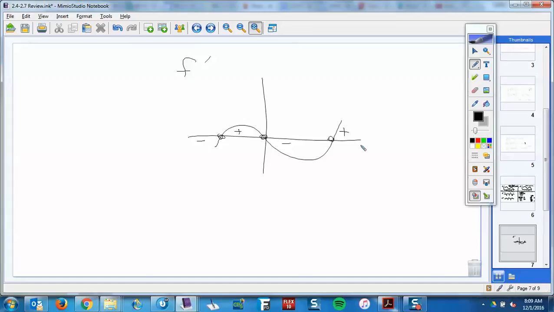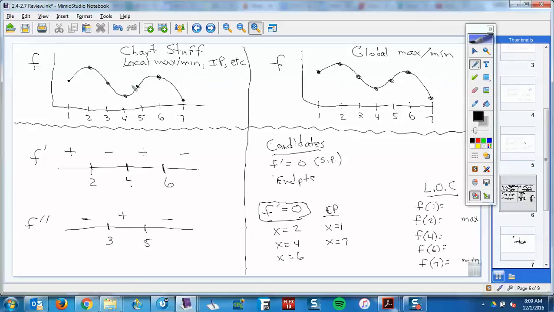So if we knew this information about f prime, it really told us what was going on with f. We knew we had a local min here, local max here, local min here. Well, we do the same thing with equations. We do the derivative set equal to 0, so we know where it crosses the x-axis. We check in between. This gives us that same information that a graph would give us, okay? So we can tell that this is increasing, decreasing, increasing, decreasing. You want inflection points, you do the second derivative.